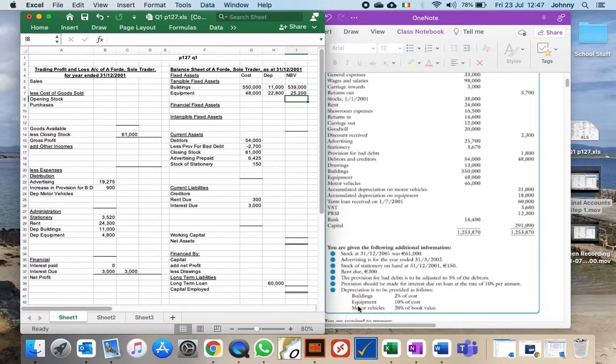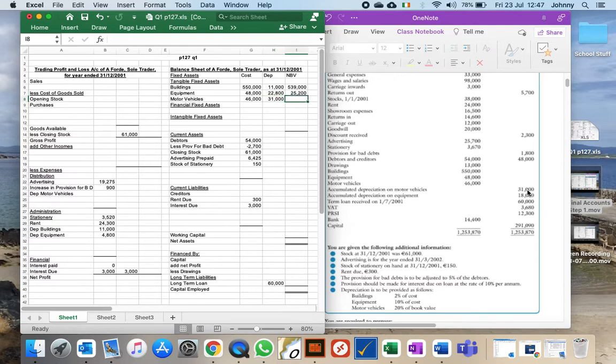And finally, we have to work out depreciation on motor vehicles. Okay, so motor vehicles, the asset is 46 grand. And its accumulated depreciation until now is 31 grand.